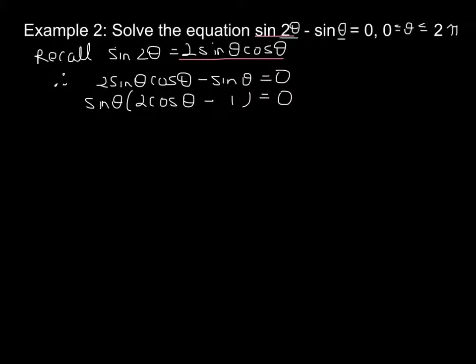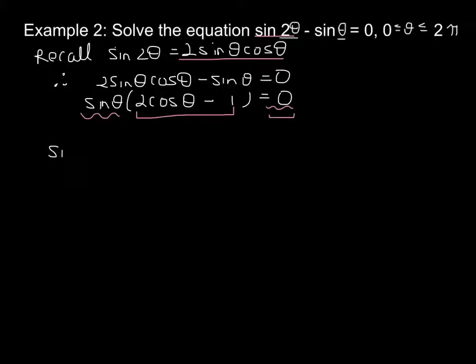So that means that I have to either have sine theta equals 0 or 2 cos theta minus 1 equals 0. Either one of those options will give me answers that work. So let's start by looking at those.